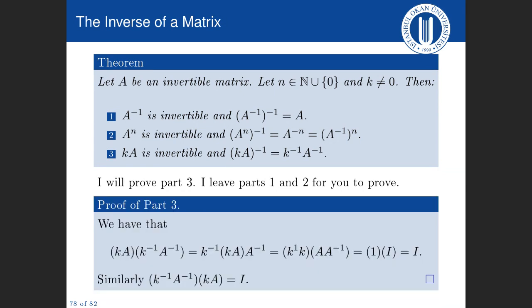To prove part 3, I just do this. Note that kA multiplied by k inverse A inverse. Because k is a number, we can move it about however we want.